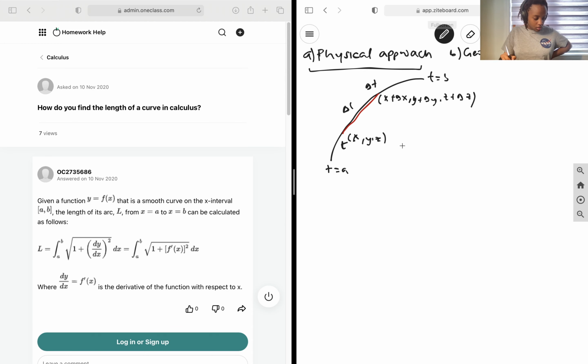And so if these spatial coordinates depend on the time, then we can use Pythagoras Theorem to get the equation delta L is equal to the root of delta x squared plus change in y squared plus change in z squared.